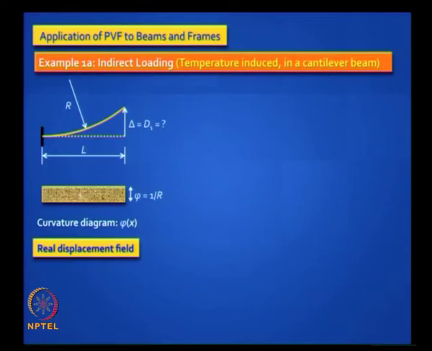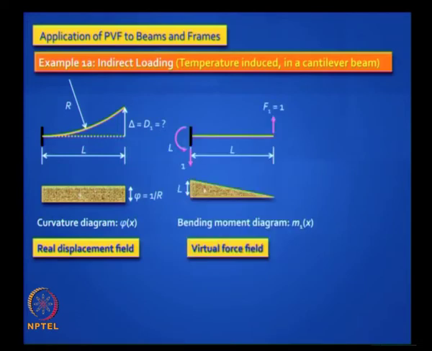And please note, in these applications we use the word principle of virtual forces, because your force field is virtual and you are imagining, you are constructing, you are cooking up an imaginary force field to help you find an unknown displacement. So what do you do if you want to know the vertical deflection upward?